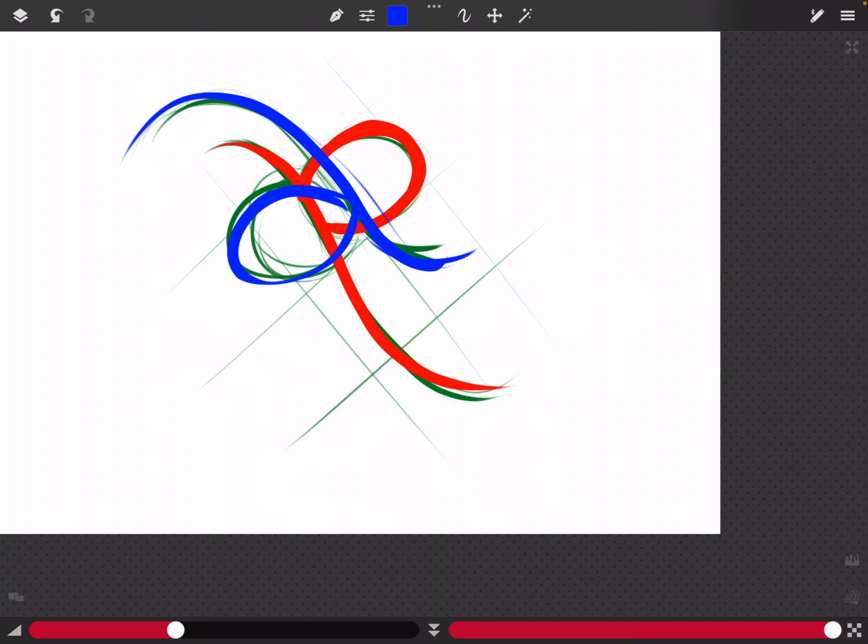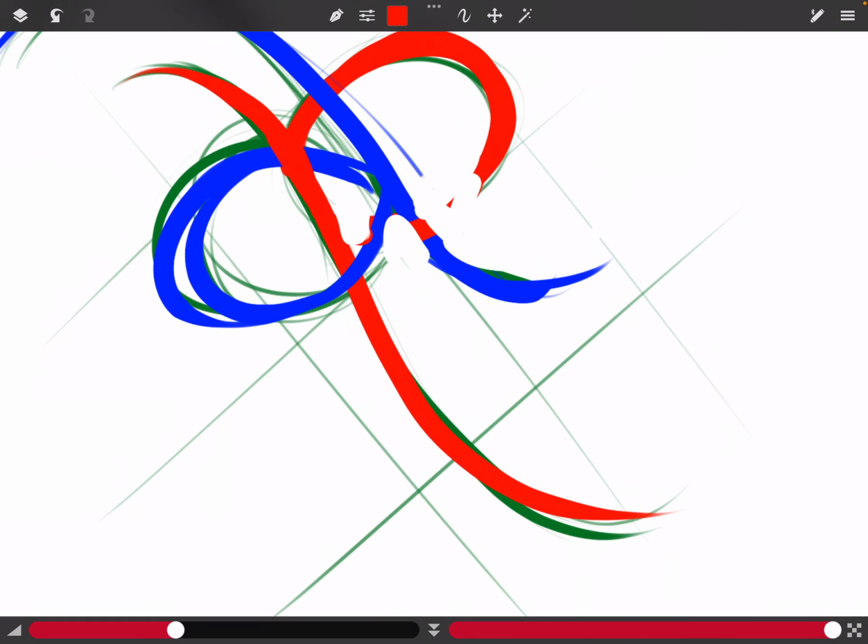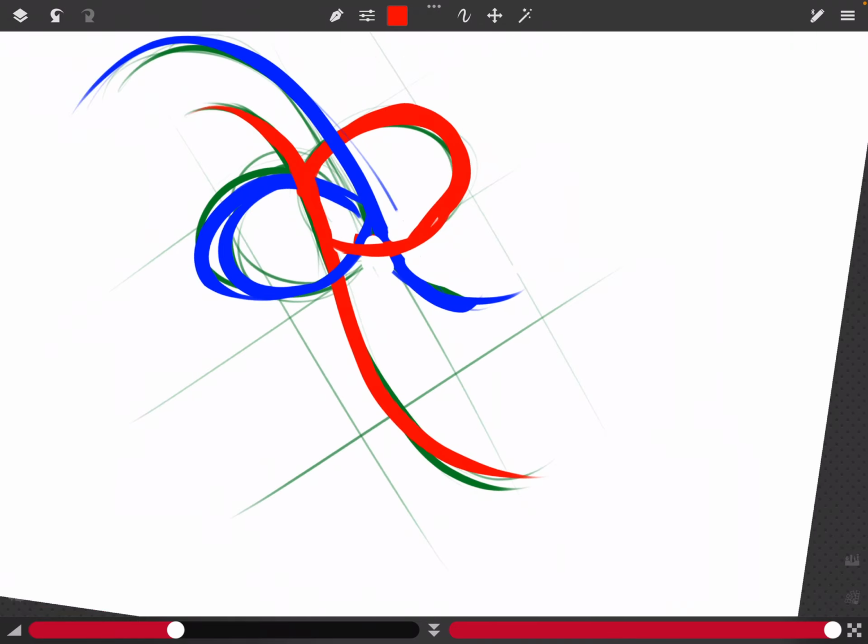It's kind of cool. And then to overlap them, we have the P going in front of that, over the A, under the A, over the A, and under the A again. Let's just make this a little bit... back to the blue.